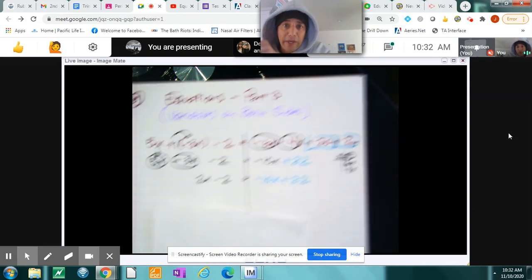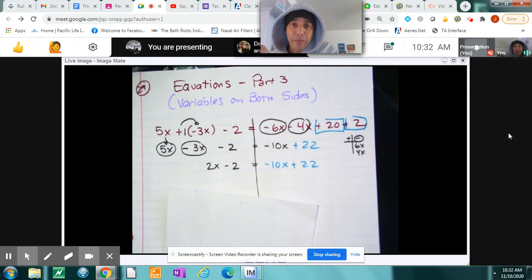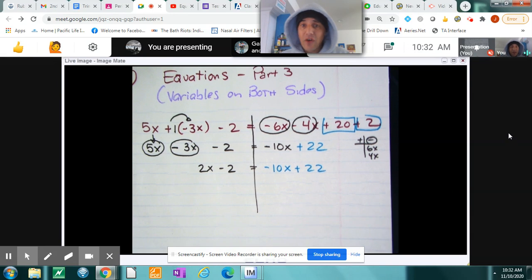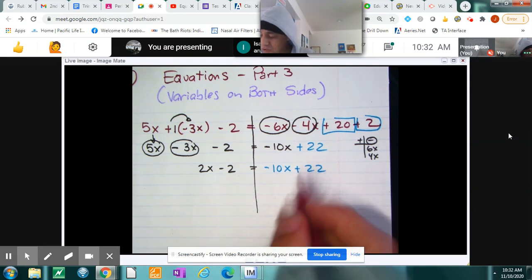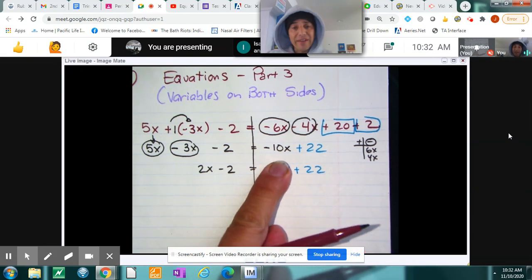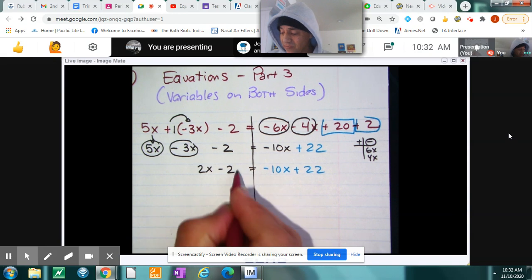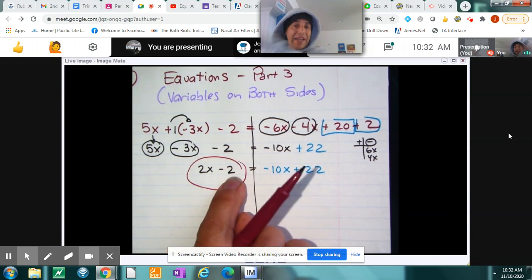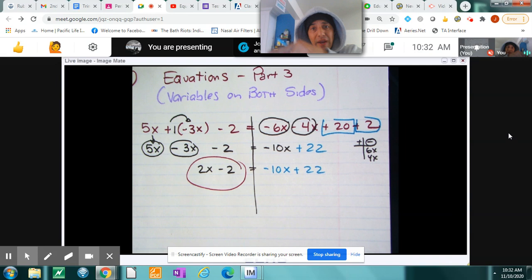Now, here's the trick. Now we have variables on both sides. Here is where you could do whatever you want. Remember when we had 2x minus 2 and we didn't have the 10x, and we said, take the minus 2, take it out, throw it over there and then divide?